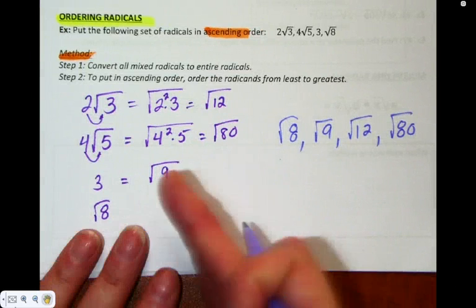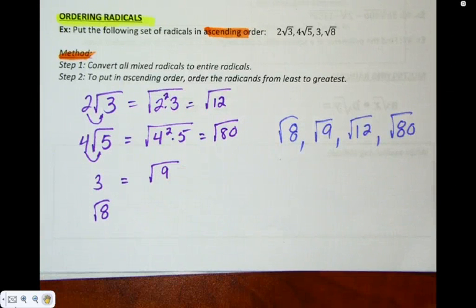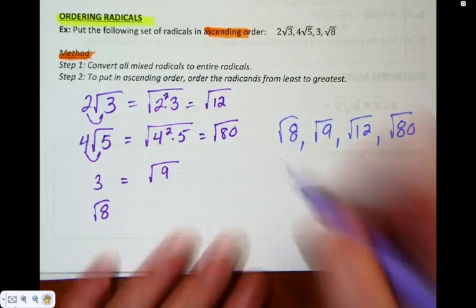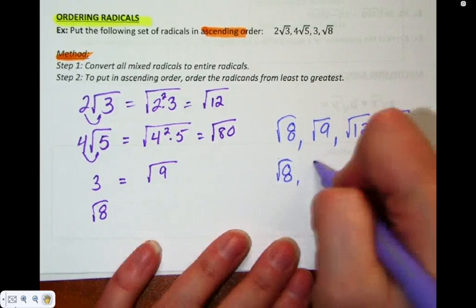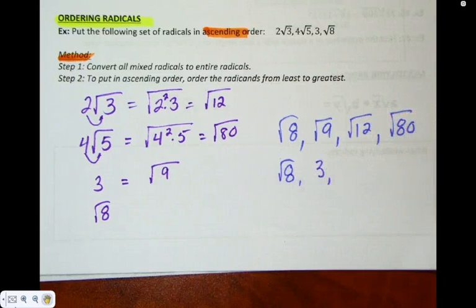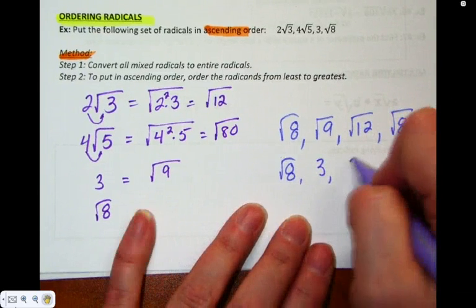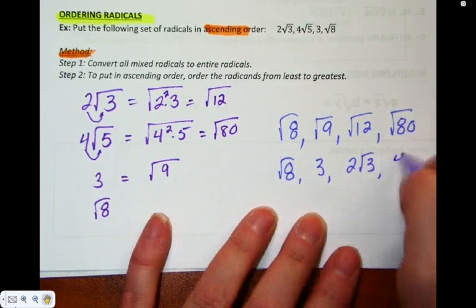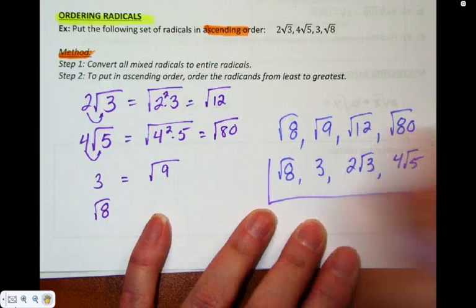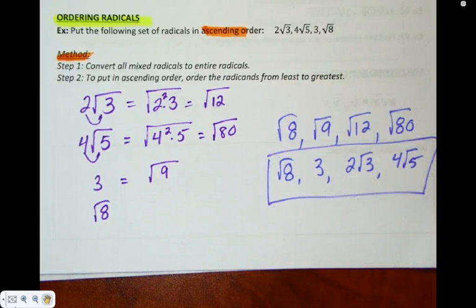And the very last step now is we just go back to the originals. What was root 8 in the original question? Well, it was root 8. What was root of 9 in the original question? What was root 12? And what was root 80? And there are the radicals in ascending order.